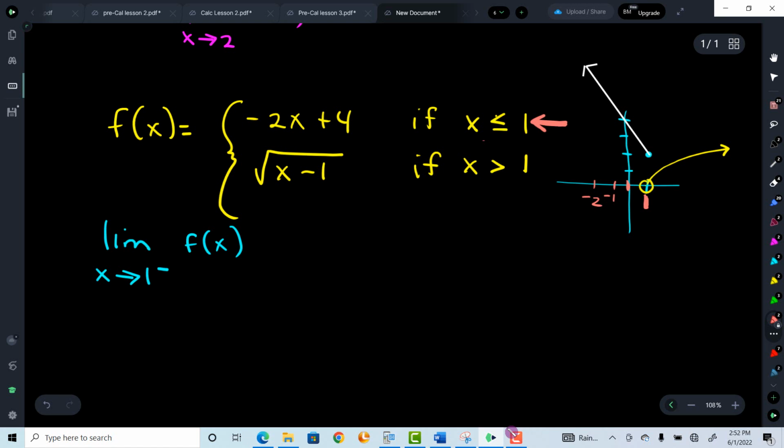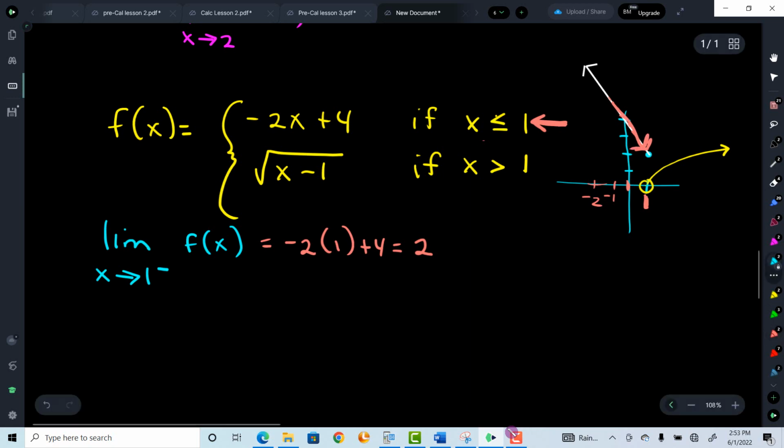So I'm going to do a direct substitution, but I'm going to use the top function. So this is going to equal negative 2 times 1 plus 4, which gives us 2. And that makes sense because if we're approaching from the left, then y is coming down here. It's approaching like that.